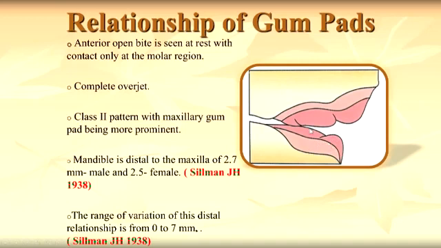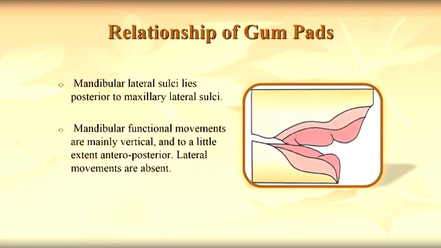The mandible is distal to the maxilla, about 2.7 millimeters in the male and 2.5 in the female. The range of variation in this distal relationship is from 0 to 7 millimeters, according to Schwarz in 1938.